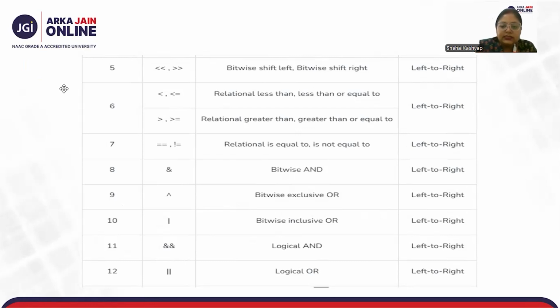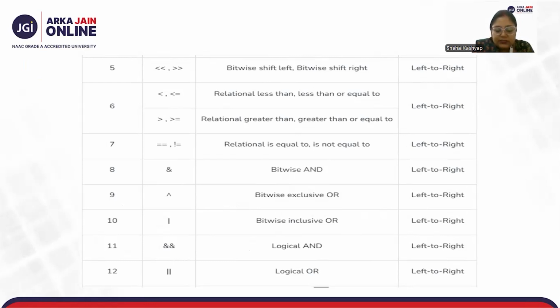Similarly, bitwise exclusive OR is associated from left to right with the precedence value of 9. The next one is bitwise inclusive OR, it has a precedence value of 10 and it's associated from left to right. The next is logical AND, it operates from left to right, but it has a precedence value 11. The last one in this slide is logical OR.